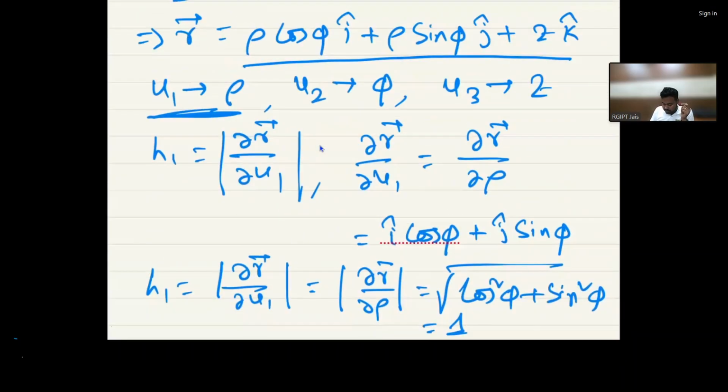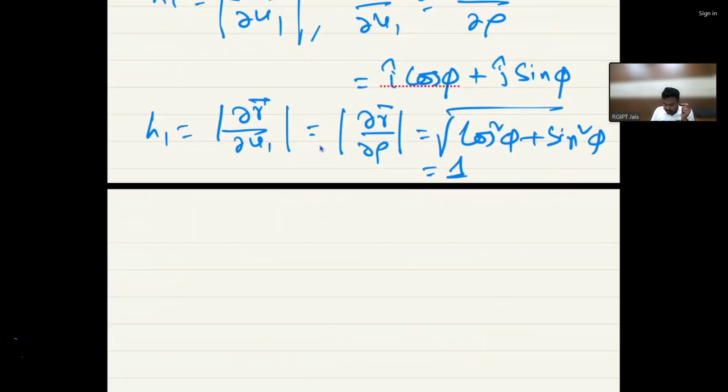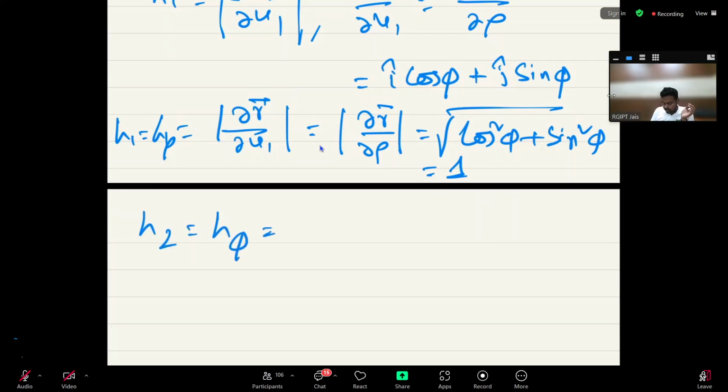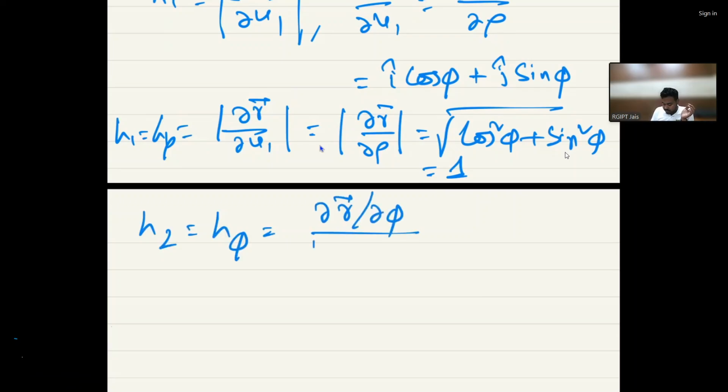So in our case, in this cylindrical coordinate system, this H1 is basically H rho, and that value is 1. Similarly, you can find out H2, that will be basically H phi. So that will be mod of del R by del phi.